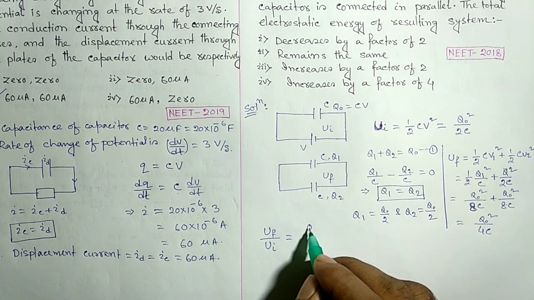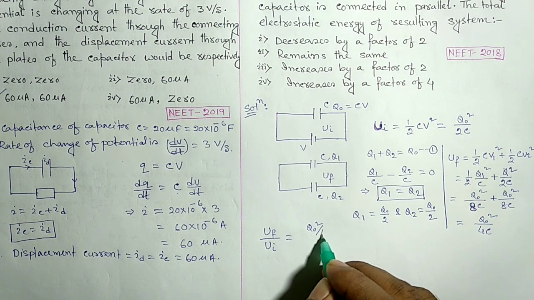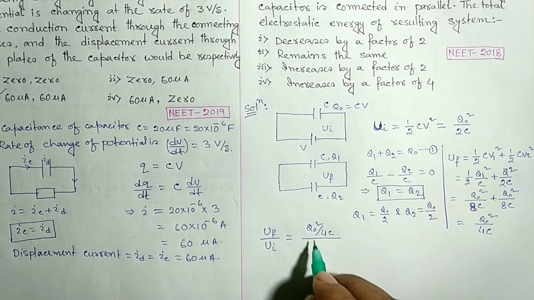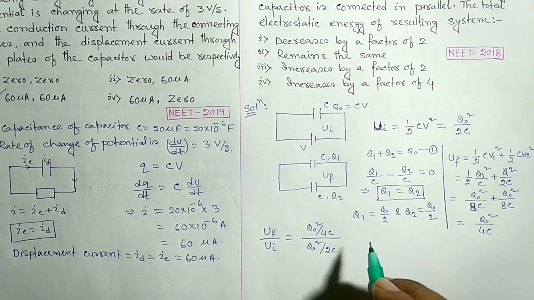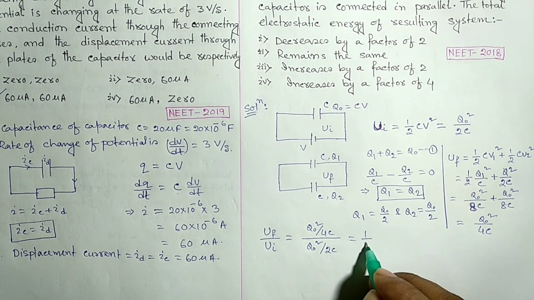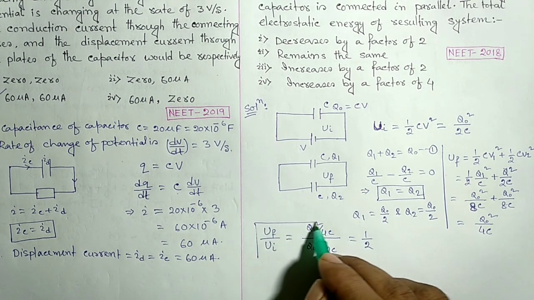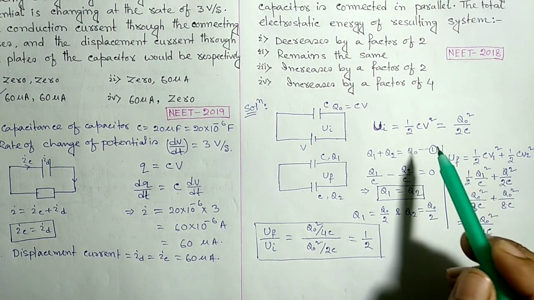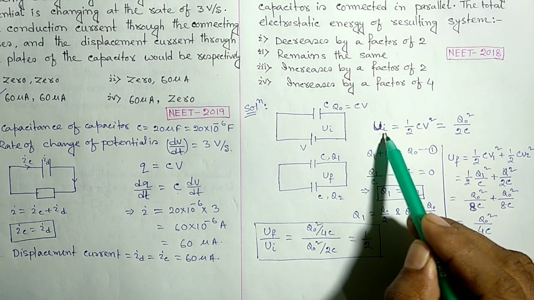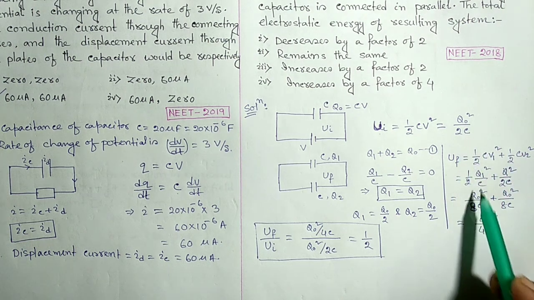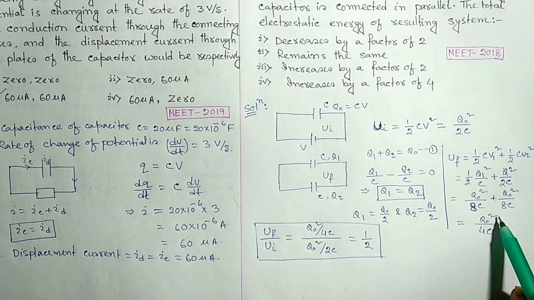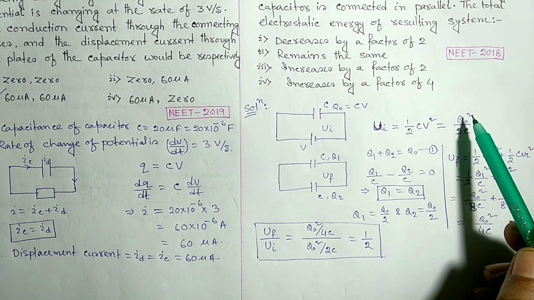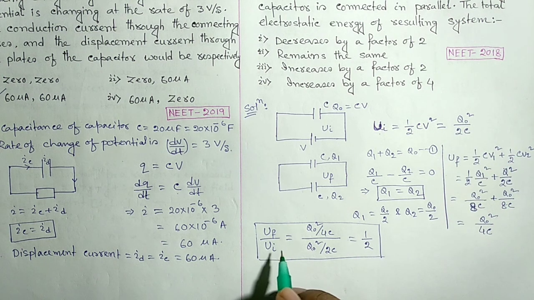It is Q naught square divided by 4C, whole divided by Q naught square divided by 2C, which equals half. Here the initial energy is half Q naught square by C, and here the final energy is 1 by 4 Q naught square by C. So it decreases compared to the initial.